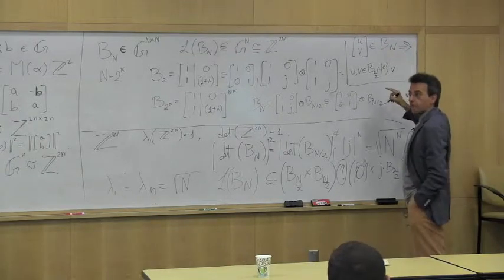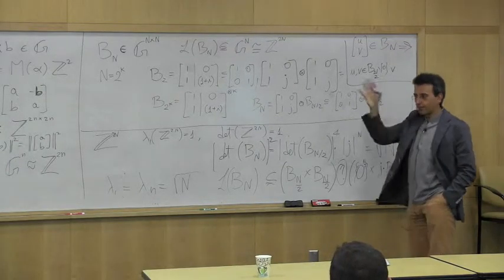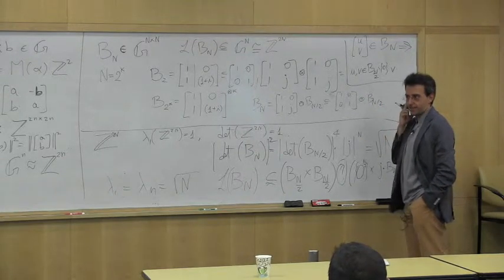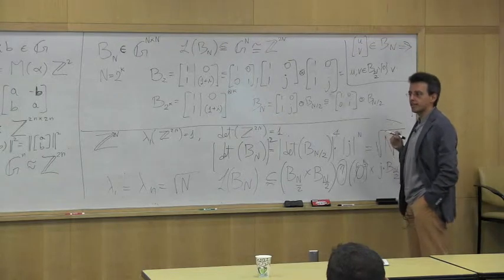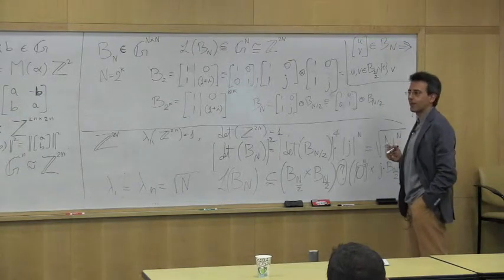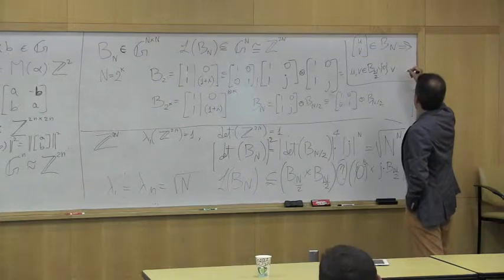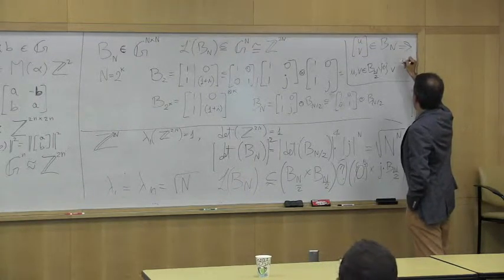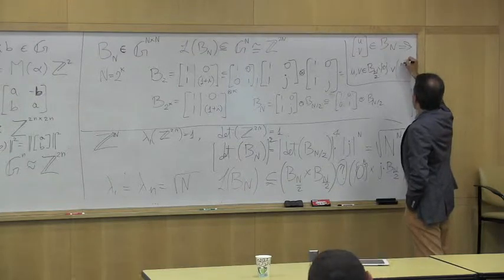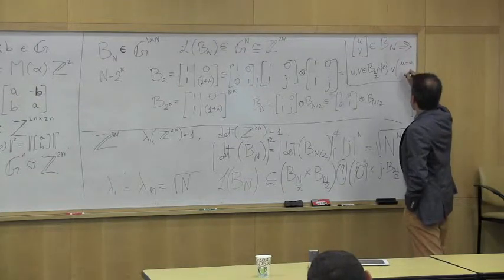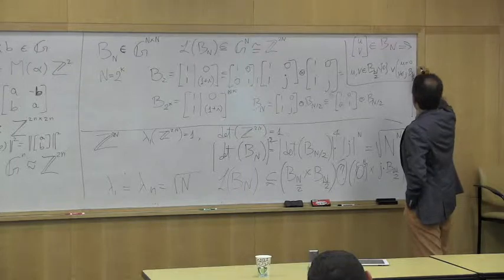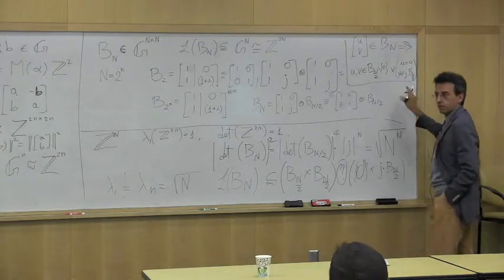Because if one of them is 0, the other one is a multiple of j, then both of them are divisible by j. So we can write: or u is 0 and v is in j times Bn over 2, or the other way around.